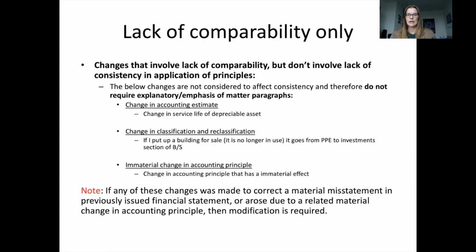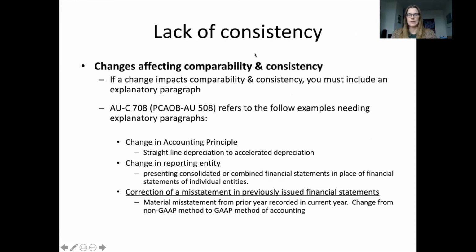Sometimes we have a change that involves lack of comparability, but there's no lack of consistency in application of principles. And in that case, you do not have to call it out in the audit opinion. You don't have to add explanatory language. So remember how an example of lack of comparability and lack of consistency was a change in accounting principle.